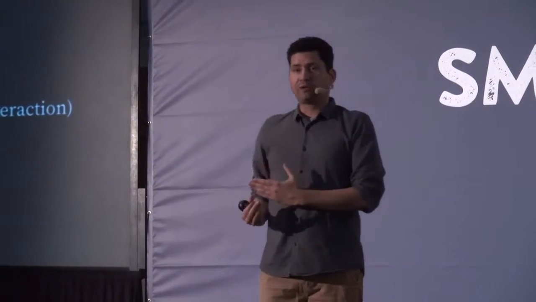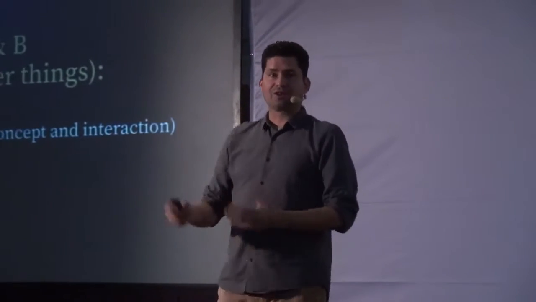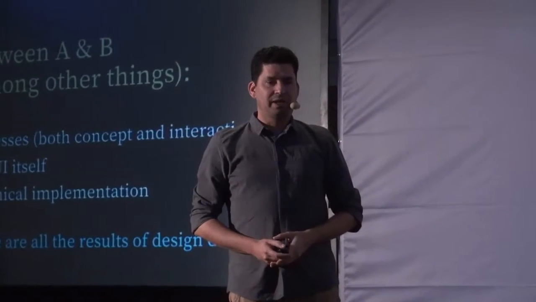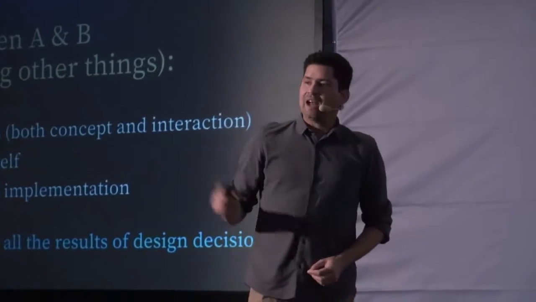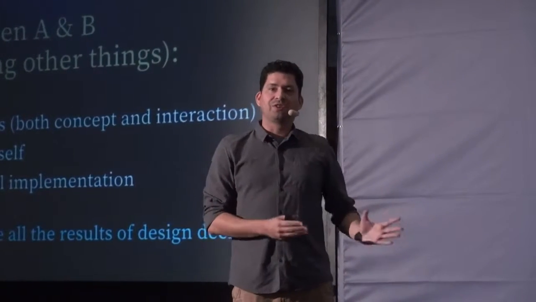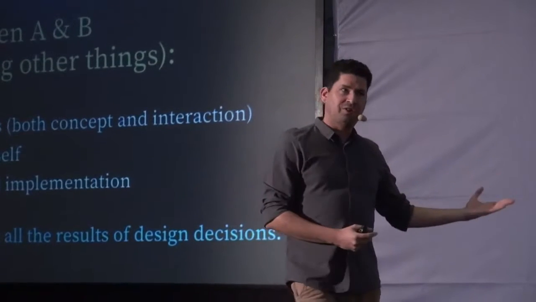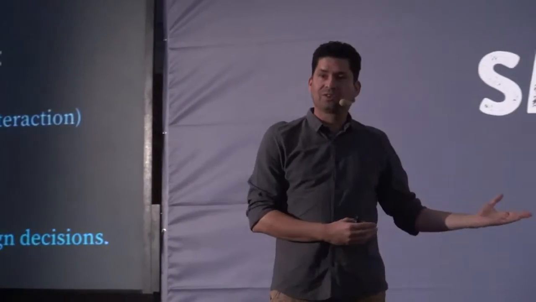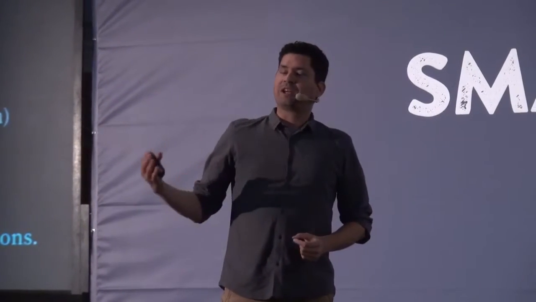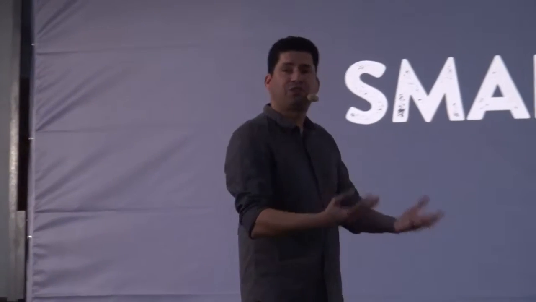The UI itself, the actual visual design, interaction design, can be between it. And technical implementation. And these things are all the results of design decisions. These are conscious decisions in most cases. Even if you don't make a conscious decision to do something, it's still part of your design.